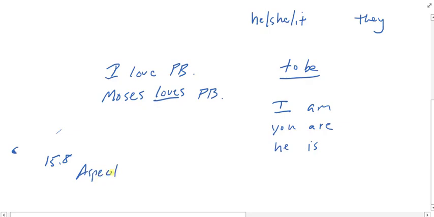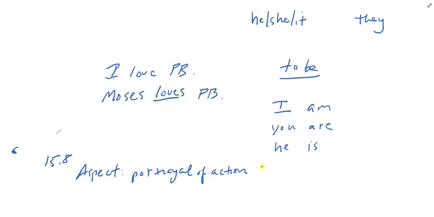So aspect has to do with the portrayal of the action of the verb, okay? And one can portray the action as it were from within the verb, within the action, thinking of it in terms of something that is in progress over time, or can simply portray the action as a complete action, a whole action, without reference to any kind of internal characteristics of it.